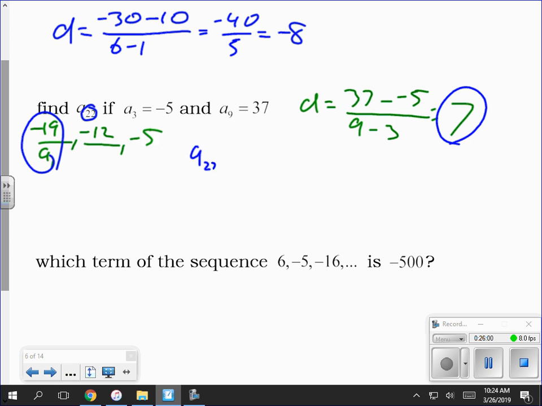A sub 22 is equal to -19 plus 22 minus 1 times 7. And I get 128.